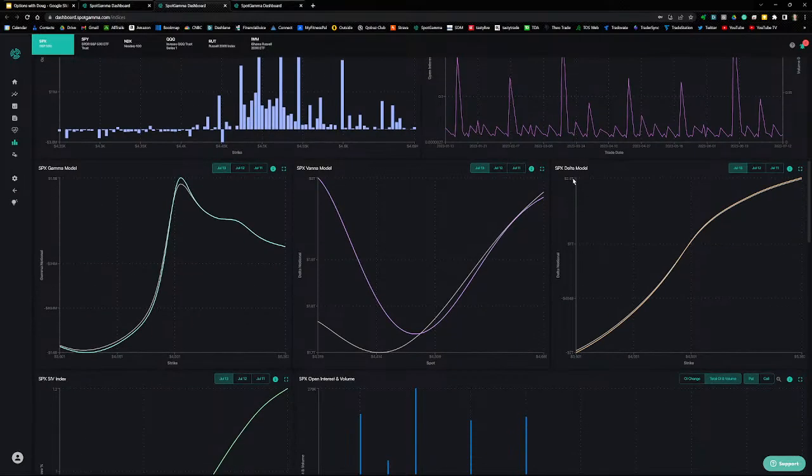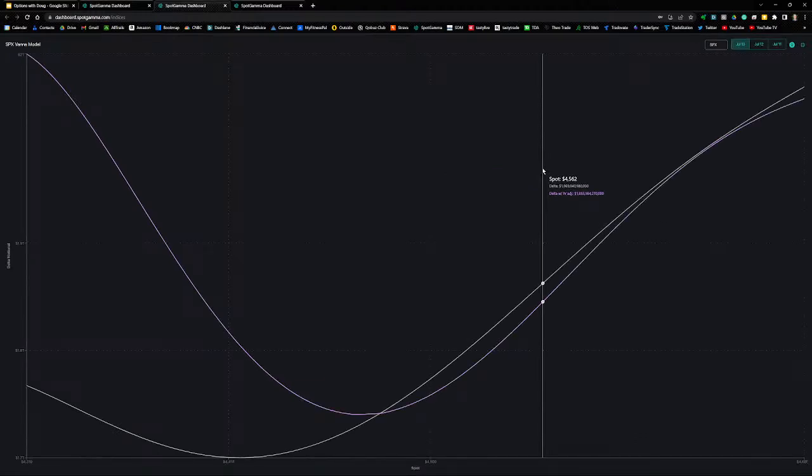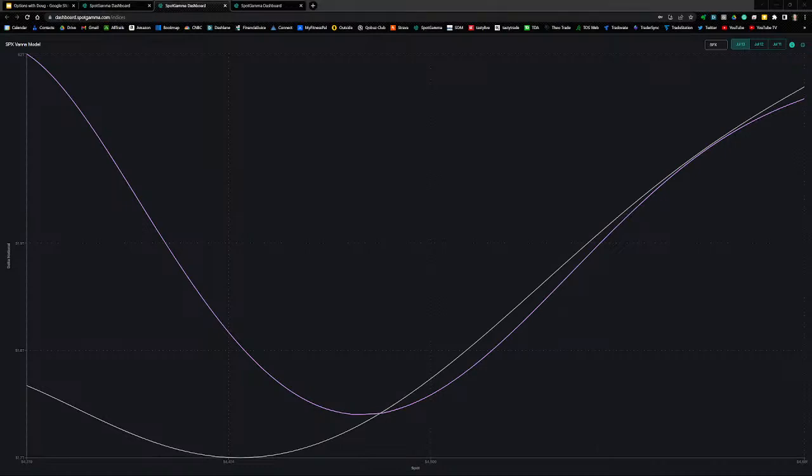So this is SPX, and this is the Vanna model for SPX. This chart is showing market makers' delta notional on the vertical axis and how that changes with price on the horizontal axis. There are two curves on this chart.